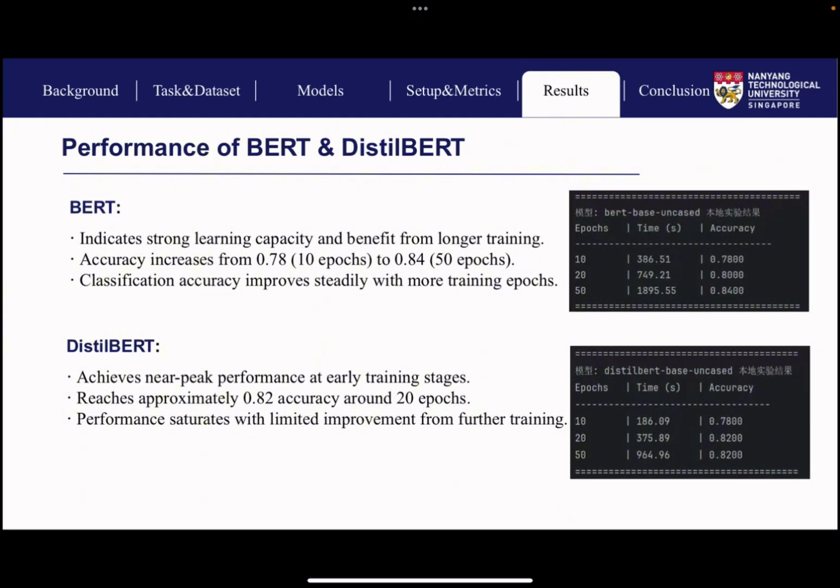This tells us DistilBERT saturates earlier. It learns the core concepts very quickly, likely due to the efficient guidance from the teacher model. But because it lacks the depth of the original BERT, it hits the performance ceiling earlier. It simply doesn't have the extra parameters needed to squeeze out that last bit of accuracy improvement.